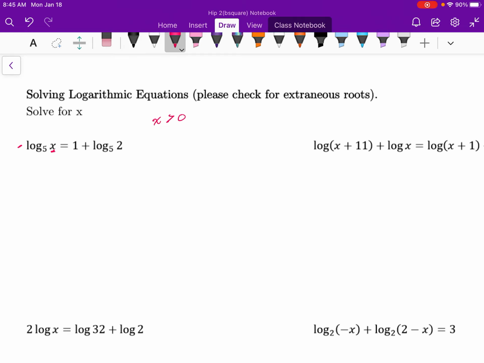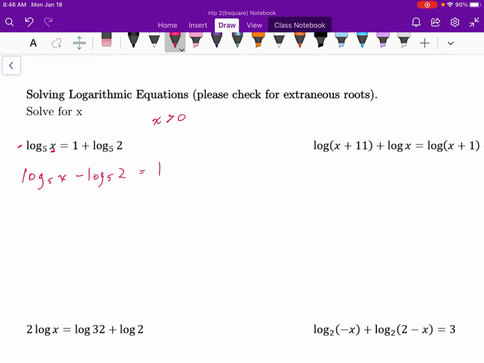The next thing I'm going to do is collect the logarithms on both sides. I notice that they have a common base, so I'm going to say log base 5 of x minus log base 5 of 2 is equal to 1. In other words, I subtracted log base 5 of 2 from both sides.